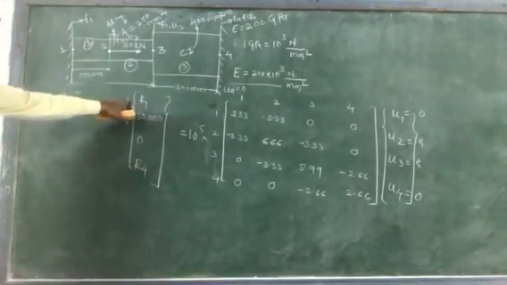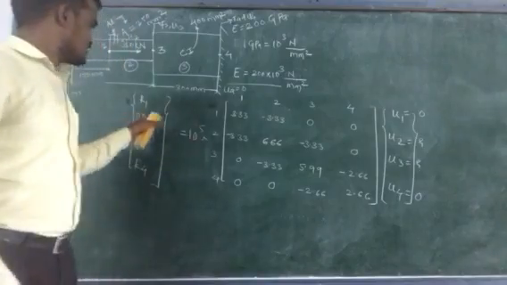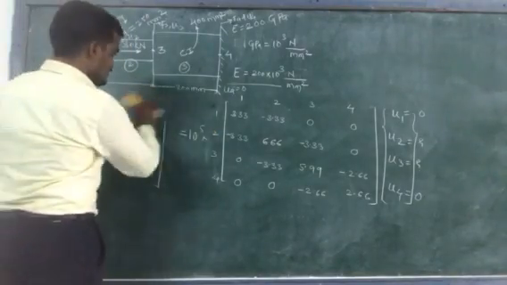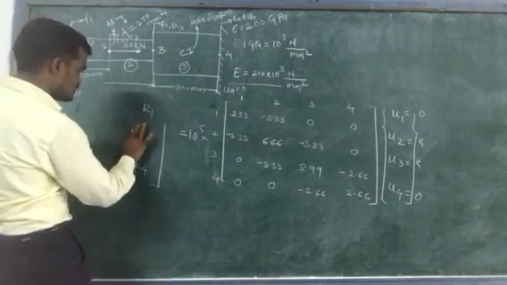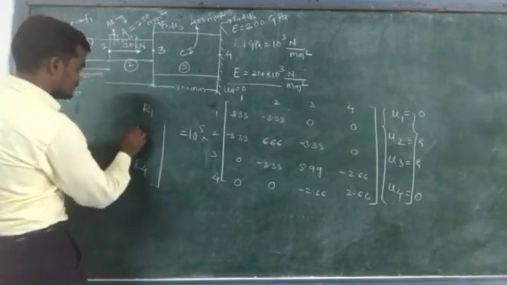In this way, this is your first equation. Second, this is your R1, 30,000.